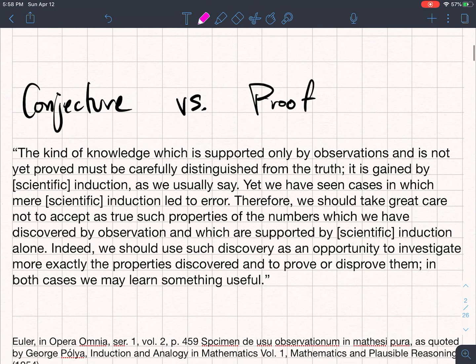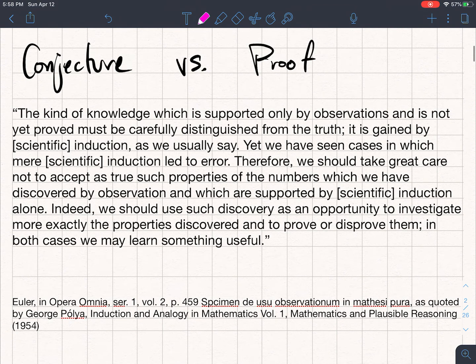Here's a passage from Euler. I'm going to read it to you. I think it's pretty cool. The kind of knowledge which is supported only by observations and is not yet proved must be carefully distinguished from the truth. It is gained by scientific induction, as we usually say. Yet we've seen cases in which mere scientific induction can lead to error.